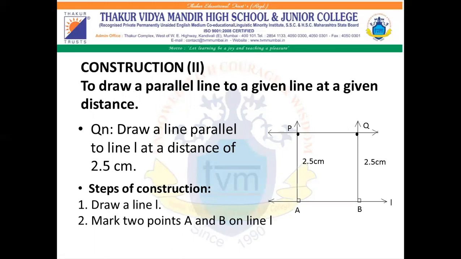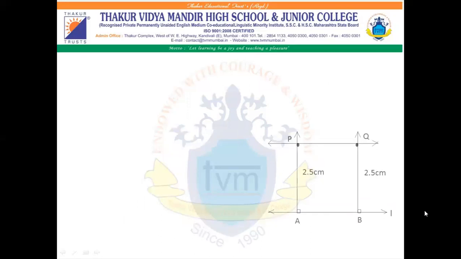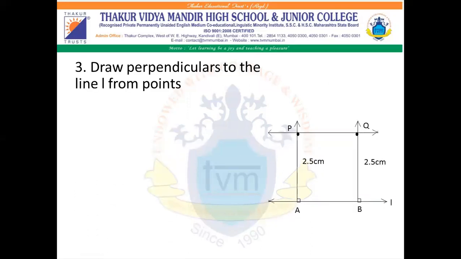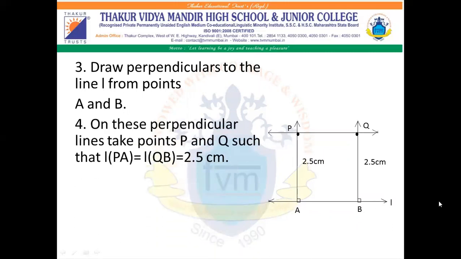Steps: draw a line L. Mark 2 points A and B on the line L. Draw perpendiculars to the line L from the points A and B. On these perpendicular lines, take points P and Q such that length PA is equal to length QB is equal to 2.5 centimeter.